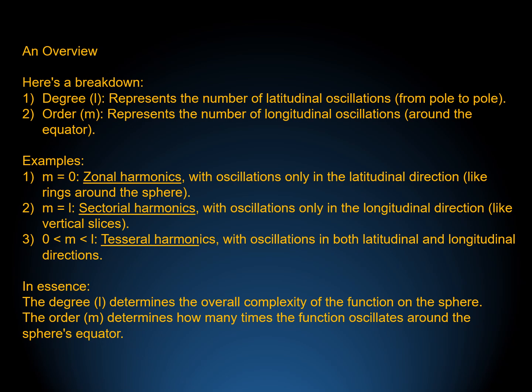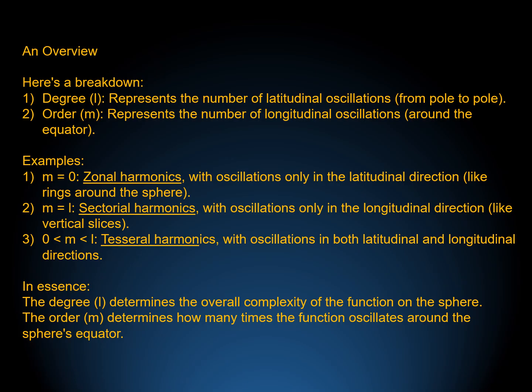You may have noticed in the previous slide that below each of the titles of the various spherical harmonic types there were two numbers inside of parentheses. The first number is the L value, which represents the number of latitudinal oscillations from pole to pole. The second number is the order.